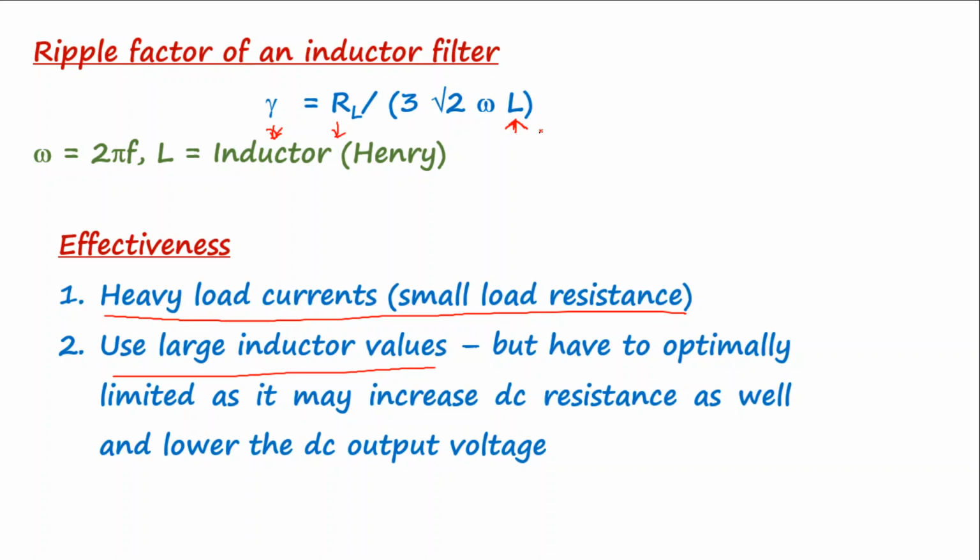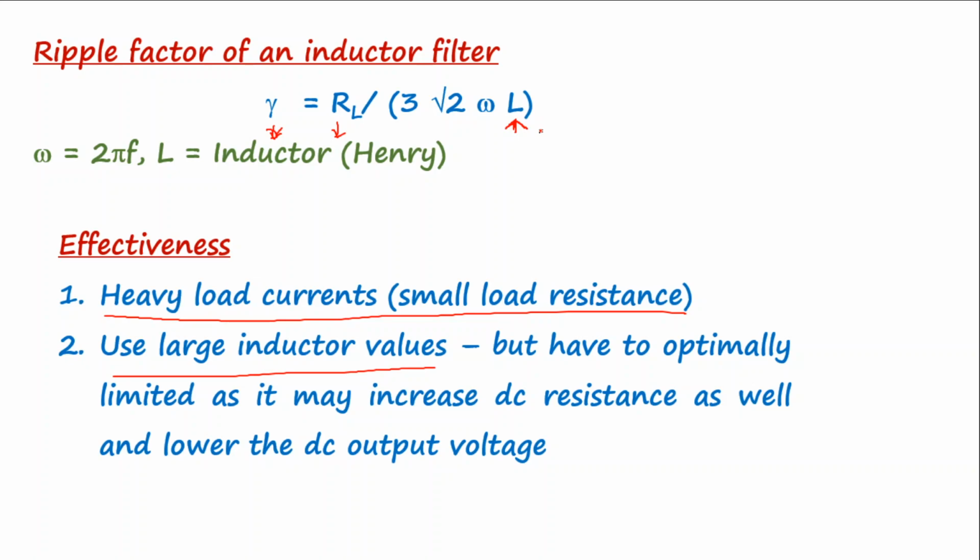If the DC resistance of the inductance coil increases, the output DC voltage across the load will decrease. That is, you usually get a VDC equal to 2 Vm by pi, and that DC output voltage will be lowered.